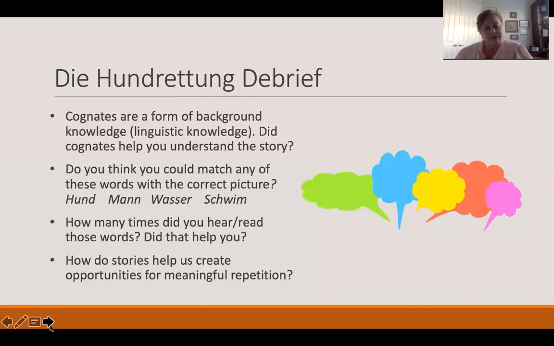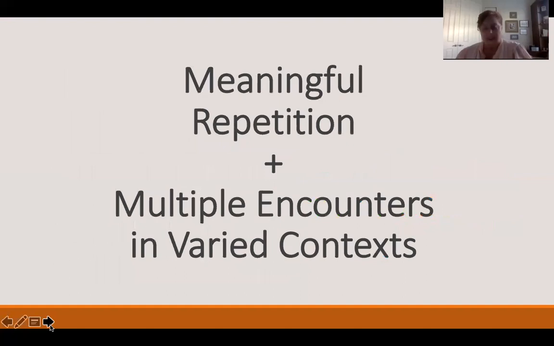Just a brief summary. Helpful repetition means meaningful repetition and multiple encounters in varied, meaningful contexts. When we have background knowledge, we're able to connect the old with the new, and that gives us more hooks in our brain with which to attach new learning.